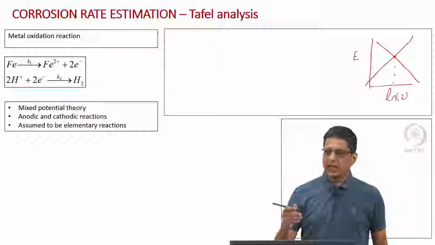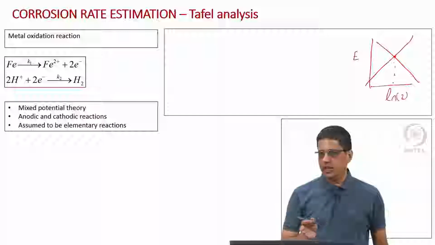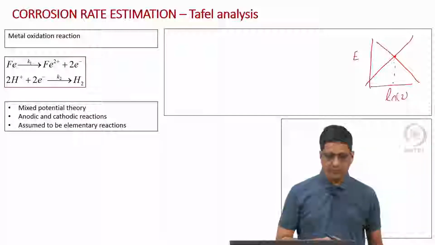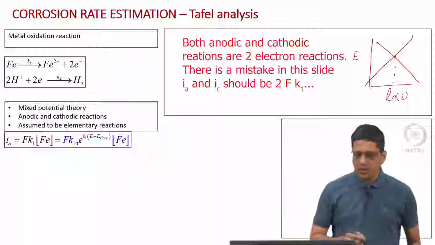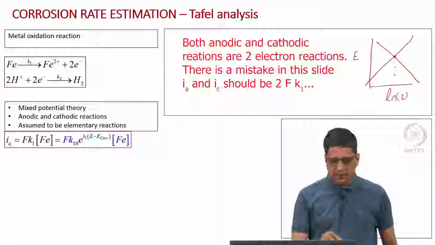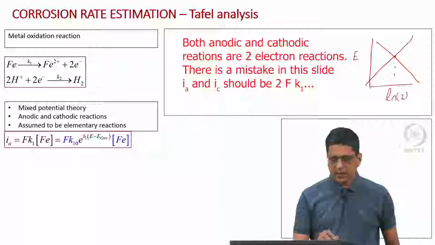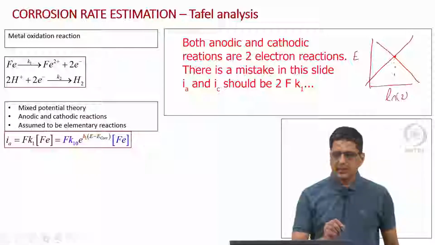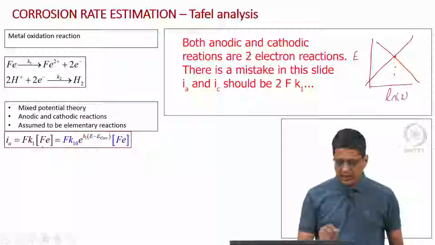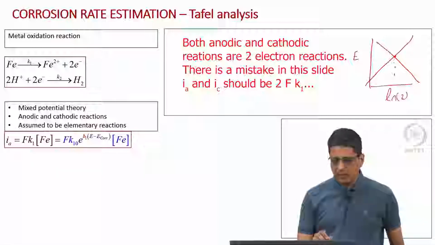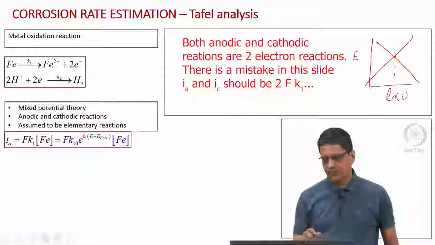We assume the cathodic reaction does not influence the anodic reaction and vice versa, and these are of course assumed to be elementary reactions. In this case we would normally write the anodic reaction as F K1 times Fe, where F is the Faraday constant, K1 is the rate constant, and Fe is the concentration or activity of iron. Because it is solid, we can take it as 1, and K1 we would expand as K10 exponential B1 times E with reference to the corrosion potential.